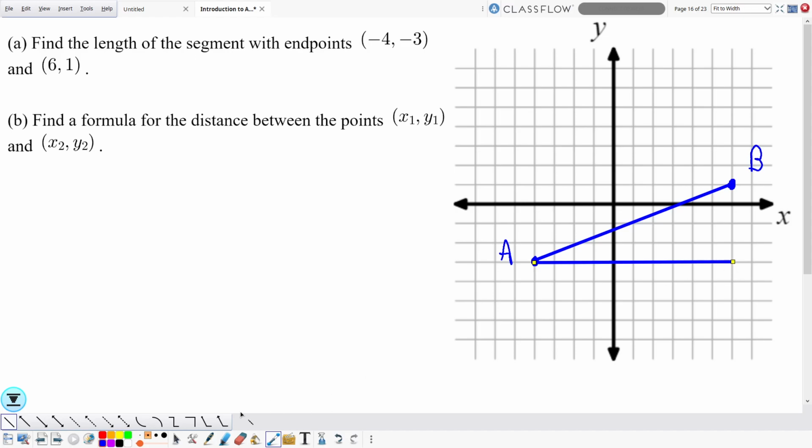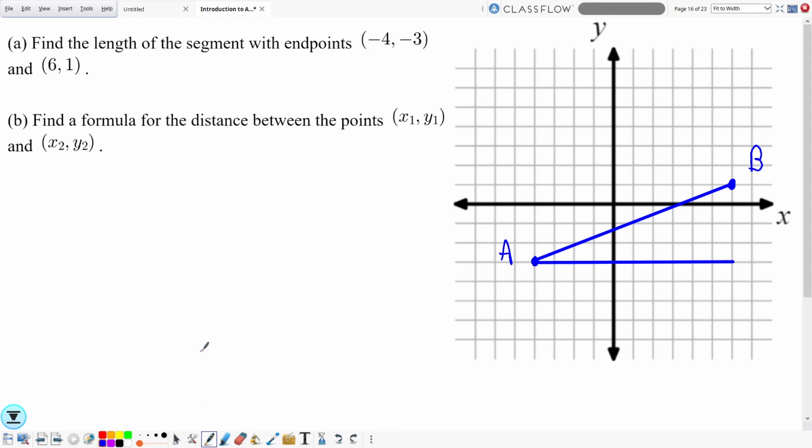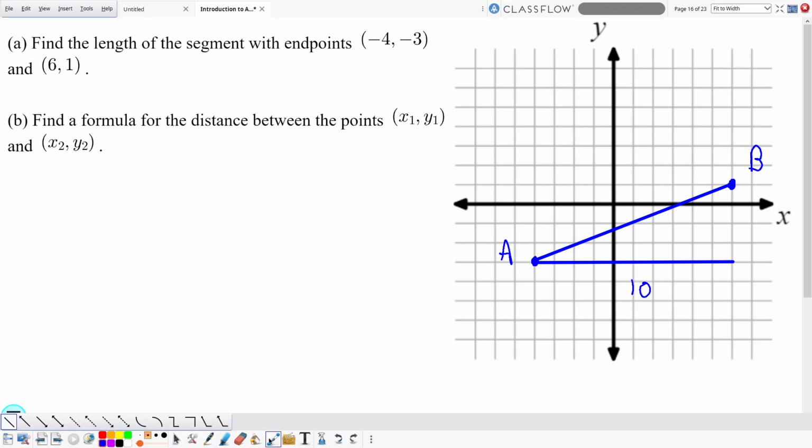So I have to travel a distance of 10 in the x direction to get from A's x coordinate to B's x coordinate. Okay, very cool. So now I can count the distance in the y direction.